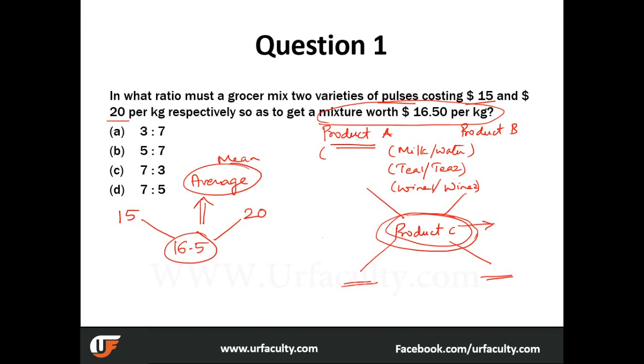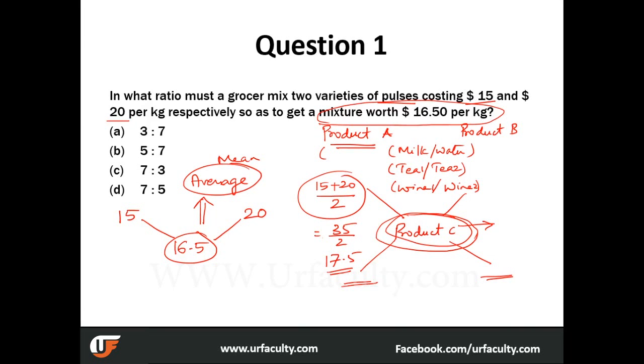But if you mix in the same proportion, will you get that? No. If you are mixing both in the same proportion, it is 15 plus 20 by 2. So what is that? It's 35 by 2, which is 17.5. That's not this, right? Here they have already told it is 16.5. So which means they are not mixed equally. So in what proportion are they mixed?